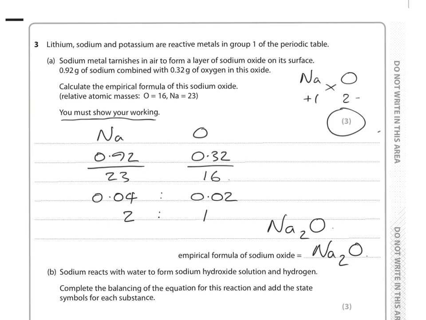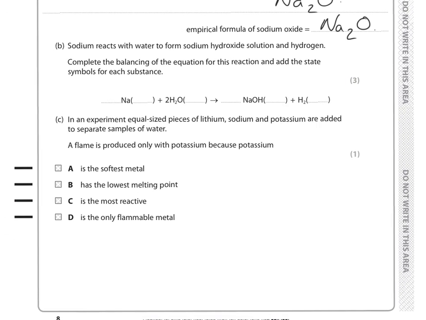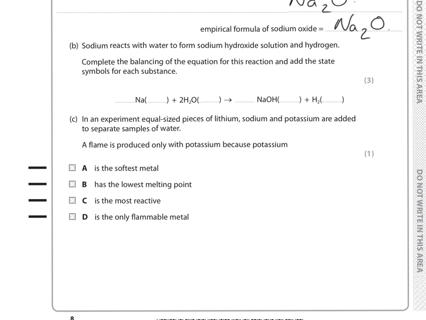The second part of the question: sodium reacts with water to form sodium hydroxide solution and hydrogen. Complete the balancing of the equation for this reaction and add state symbols for each substance. Well, I need to end up with 2 hydrogens, 3 hydrogens on that side. I've got 1, 2, 4 hydrogens there.